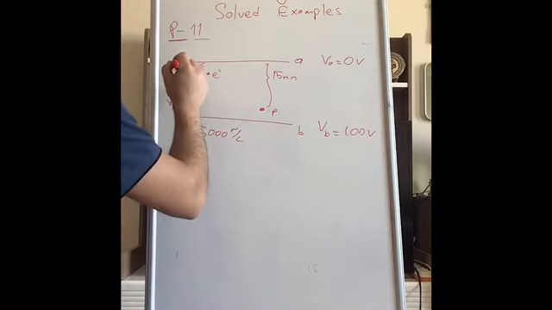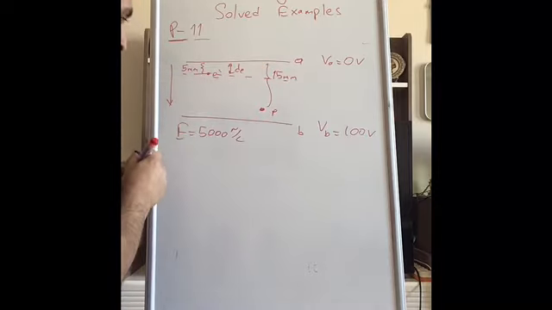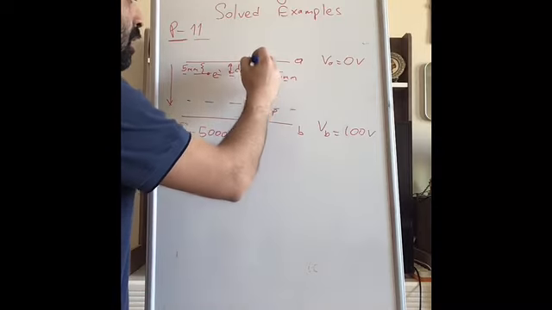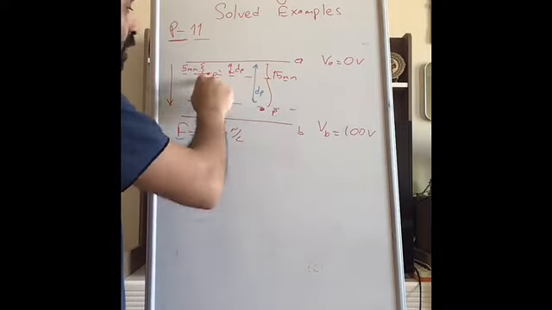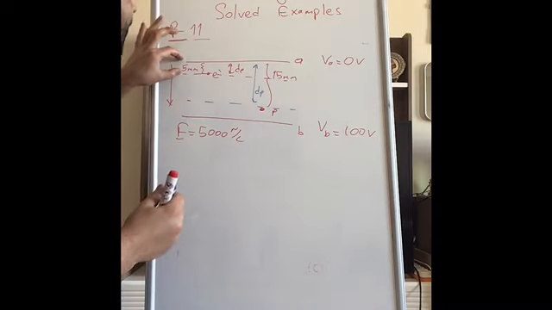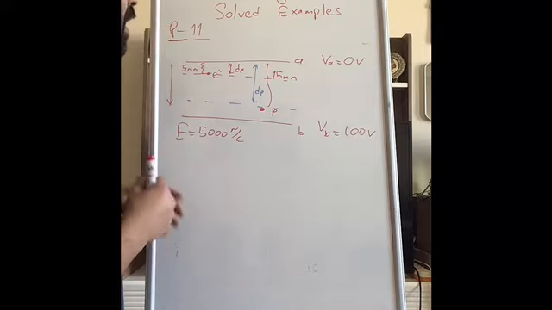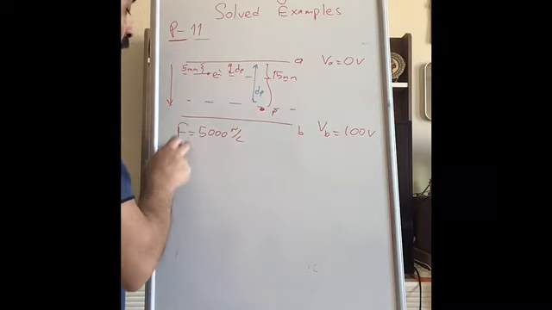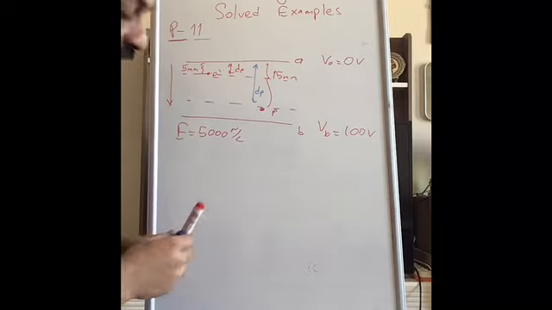So the electric potential here, let's call this dE, and here, let's say this is dP, the electric potential difference for the electron will be equal to the electric field times dE, the separation of the electron from the positive plate and our ground. And for the proton, again, it will be equal to the electric field times the separation of the proton, which is shown with dP here.